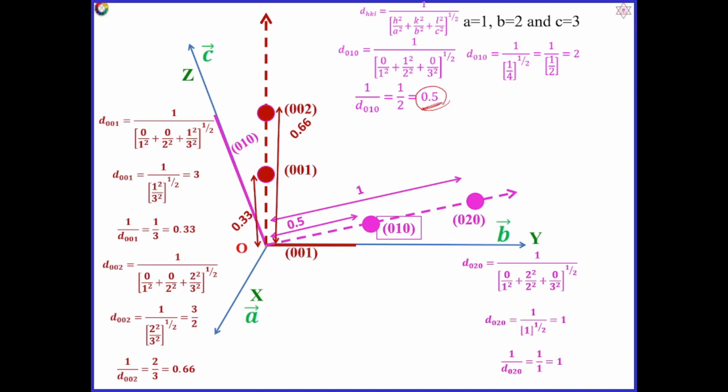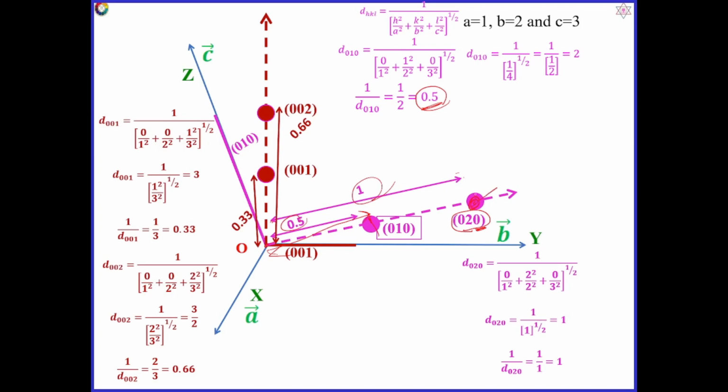So from the origin, if this distance is 0.5, then at just double the length we get the 0 2 0 plane, or the point we have to locate. From the origin, from here to here, the distance is 1.